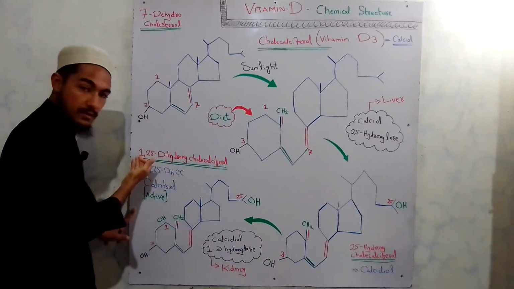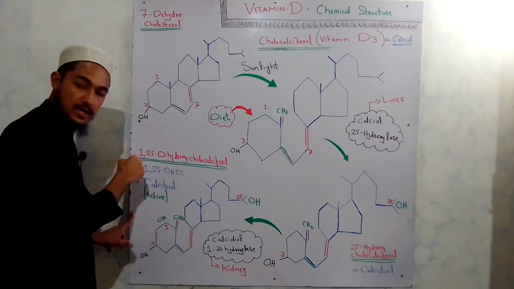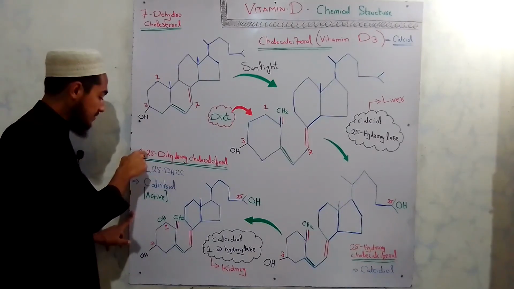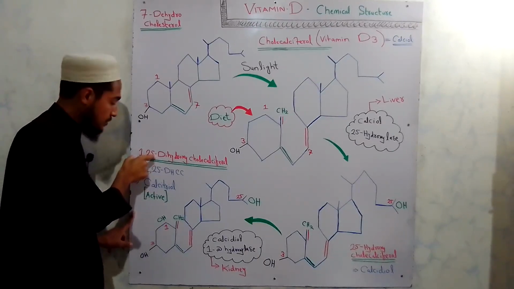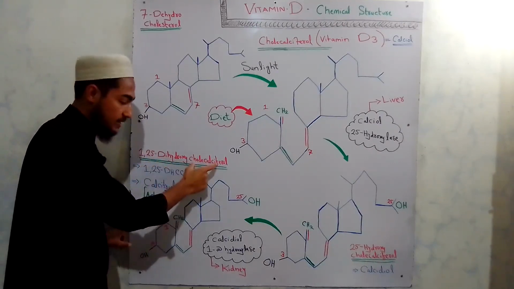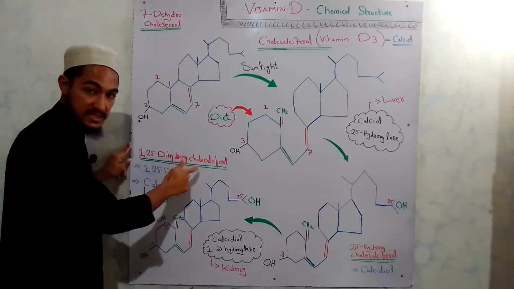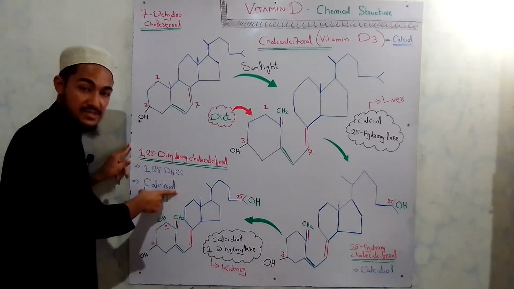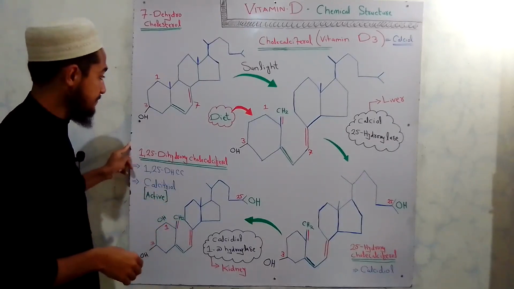It means that one hydroxyl group is attached at carbon number 1, another hydroxyl group is attached at carbon number 25. That's why there are two hydroxyl groups, so it is now called dihydroxy cholecalciferol. The 1,25 dihydroxy cholecalciferol is also known as calcitriol, and it is the activated form of vitamin D.